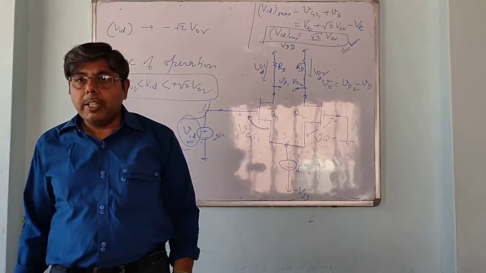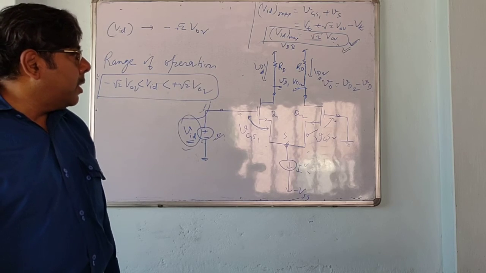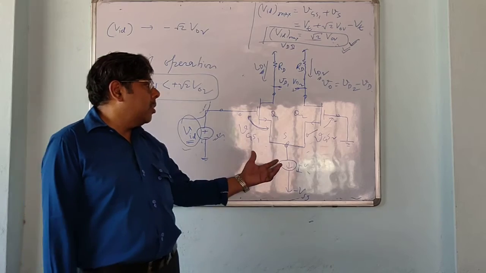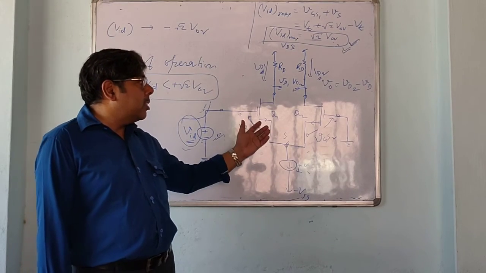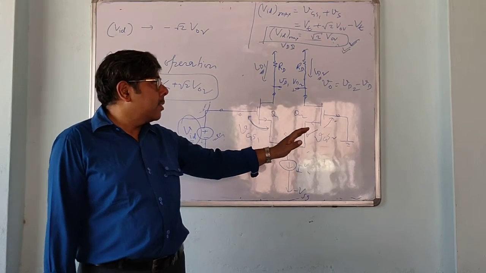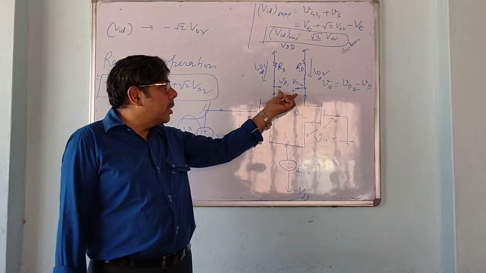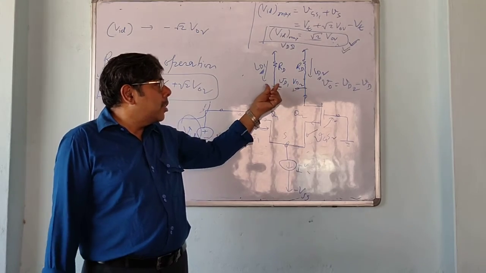So this way we can switch the operation of current from one direction to another. So this is used in switching operations also, because we can switch currents from one transistor to another transistor, and thus we can obtain a differential output here, because current changes from one direction to another.